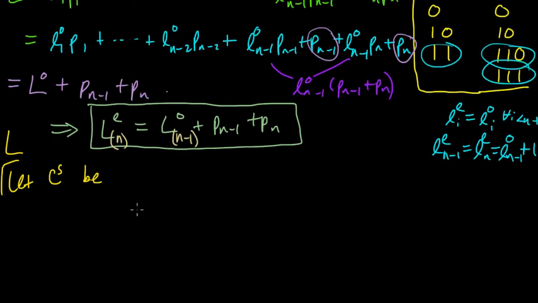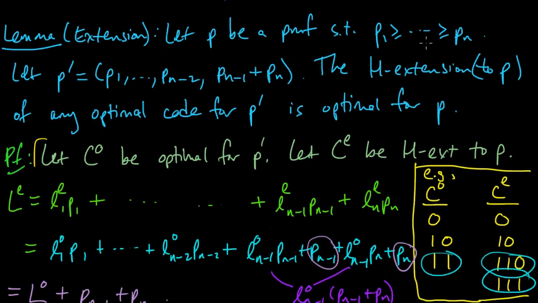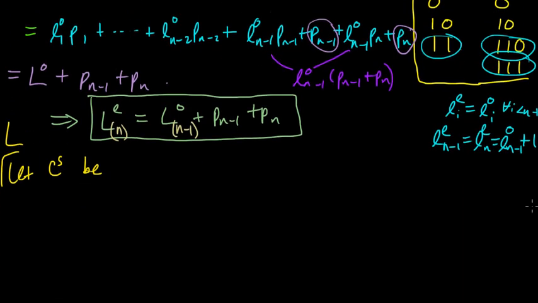So we know that there exists a sibling code on P. Remember, we were careful to put our P in descending order. So we can justifiably let CS be a sibling code, and by our definition this implies that it's optimal. It's an optimal code in particular for P.